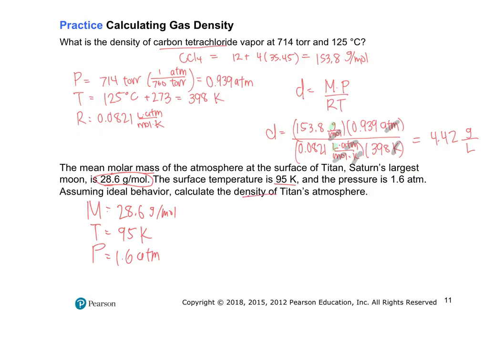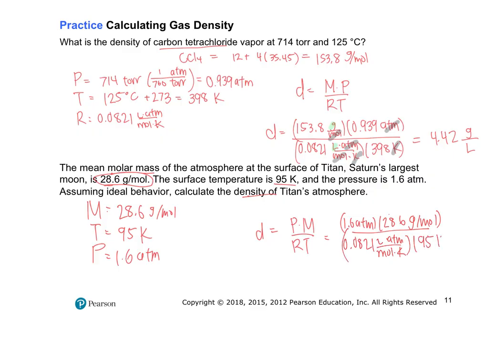So here we have the molar mass in the equation, so we can use density equals pressure times molar mass over RT. Plug that in. We have our pressure at 1.6 atmospheres, molar mass 28.6 grams per mole, divided by R, 0.0821 liter atmosphere per mole Kelvin, and temperature of 95 Kelvin.